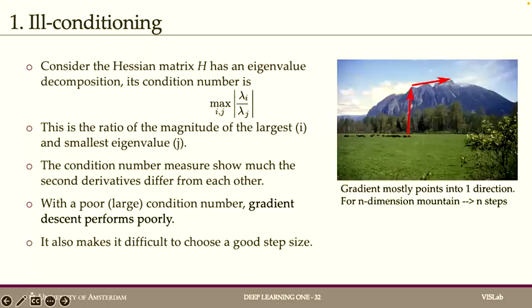For example, here, if we're at the bottom of this mountain, we know the gradient towards the top at this point is very steep, while the gradient towards going to the right is not very big, right? So if you take the first step, the first gradient will be mostly pointing upwards, and in which case you end up at the top, and then you look for the steepest gradient, and then you'll be going to the right. Now this is fine for a mountain, which is just 2D in this case, but for an n-dimensional problem, this would require n steps.